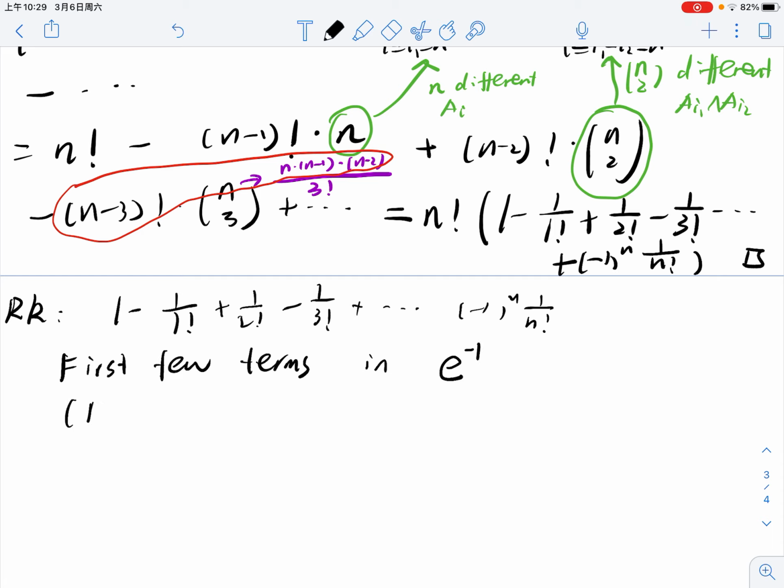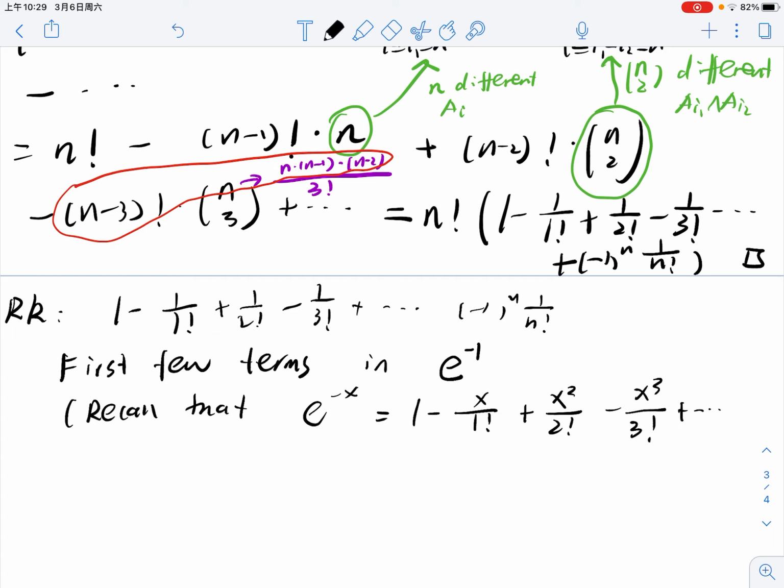Recall that exponential minus x is 1 minus x over 1 factorial plus x squared over 2 factorial minus x cubed over 3 factorial. But of course, this one goes to infinity.